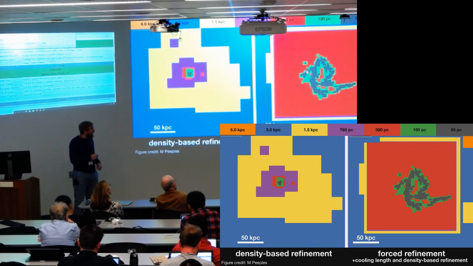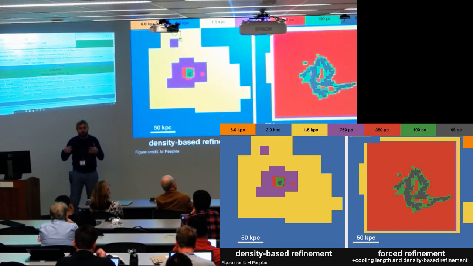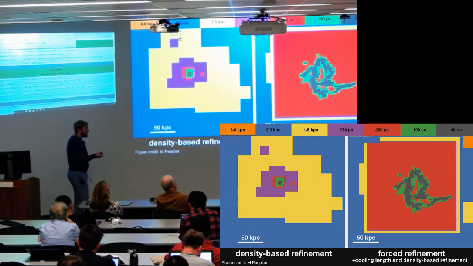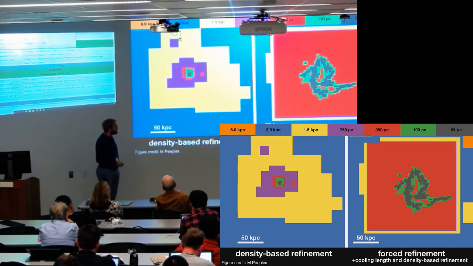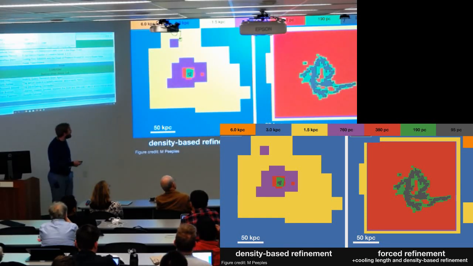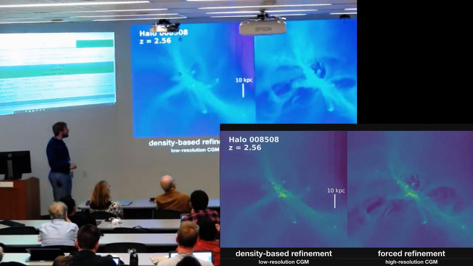Everything in red and green here, the cooling length is resolved just by the nature of the setup of this problem. In black, admittedly, the cooling length is not necessarily resolved. We had a lot of discussion about this. But these simulations are at least an order of magnitude more resolved than what we would traditionally use as a scheme.